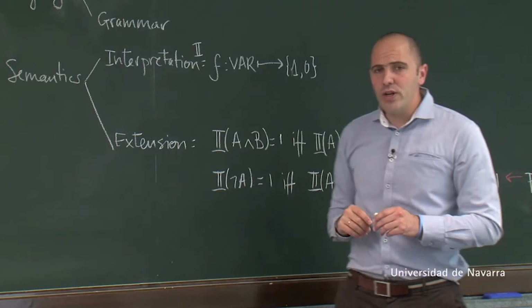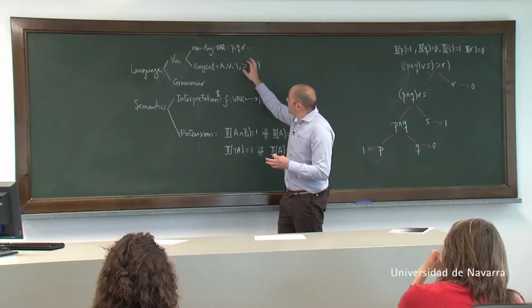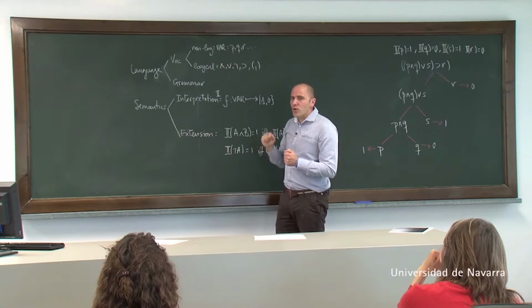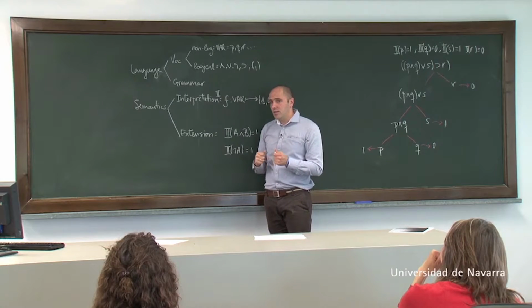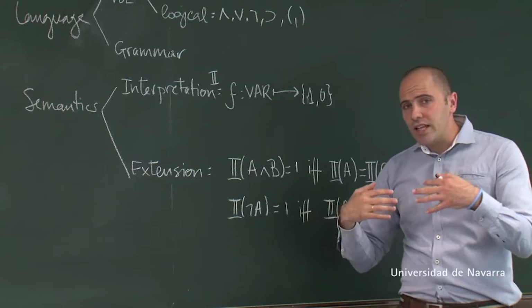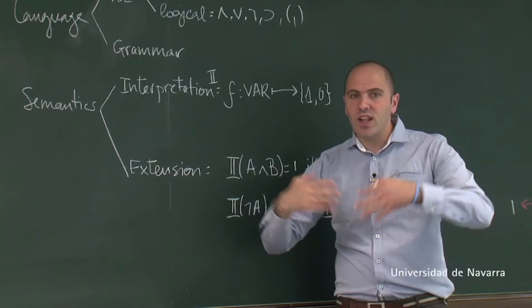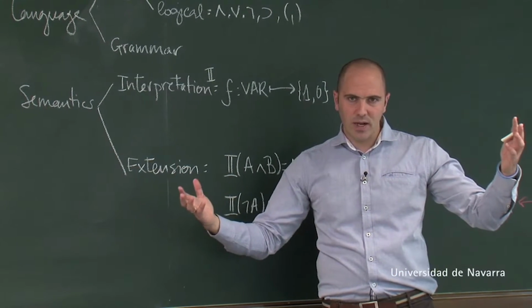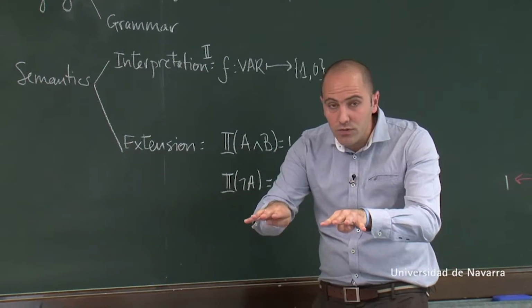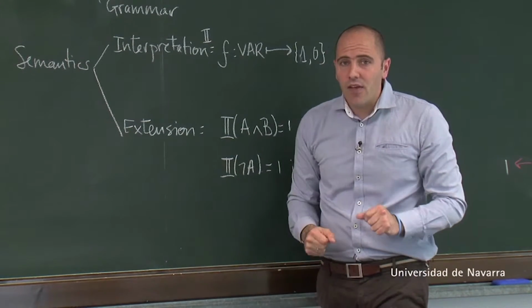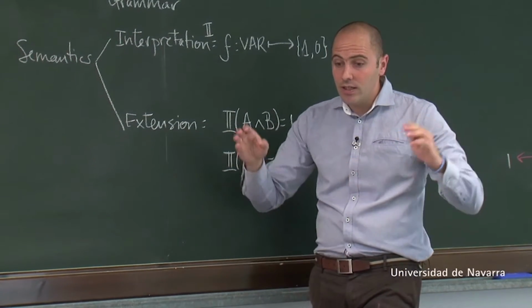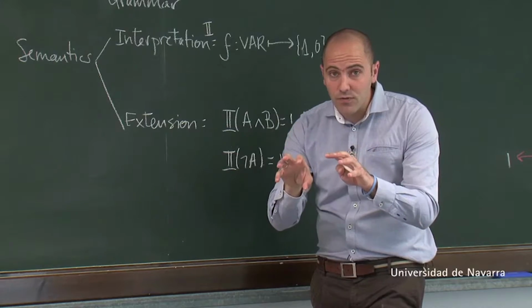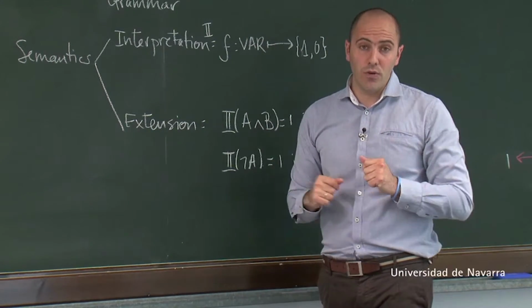Now, after we have considered what an interpretation is for the non-logical part of the vocabulary, we would like to know how an interpretation extends to all the formulas. So you give an interpretation for the most basic formulas, and then we would like to know how this interpretation for the basic formulas extends to all the formulas of the language.